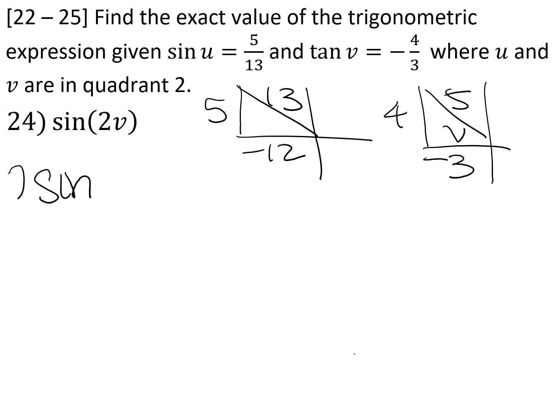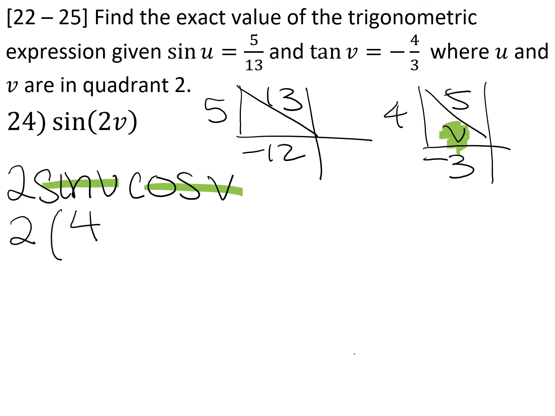Sine of 2V equals 2 sine V cosine V. Again, I'm only using the V triangle, for this one and this one. So I'm going to go 2 times 4 over 5 times -3 over 5.